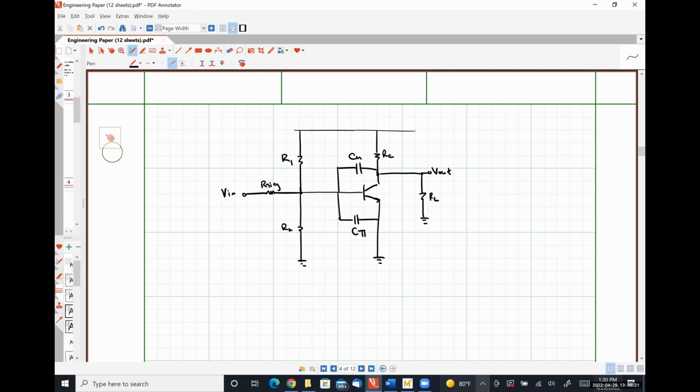Go to the notes or go watch the video for high frequency response of common source amplifiers. And it will be literally the exact same thing that we did, except that RL and RC are in parallel.